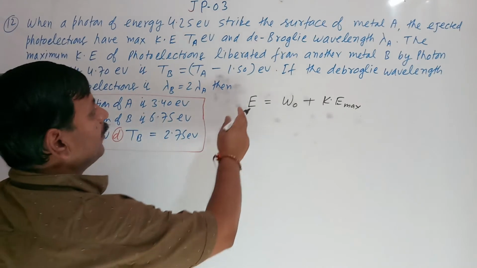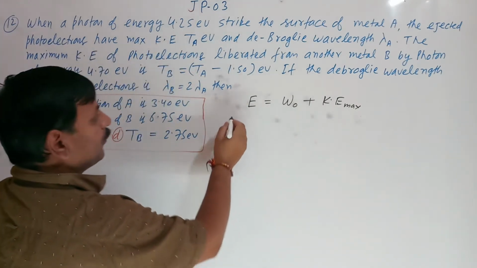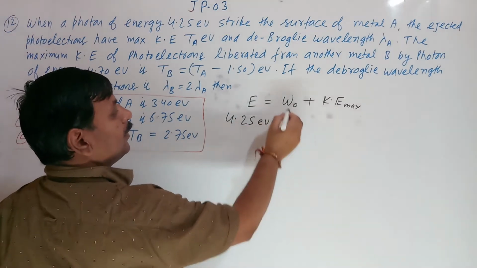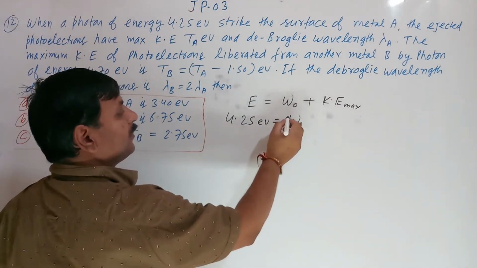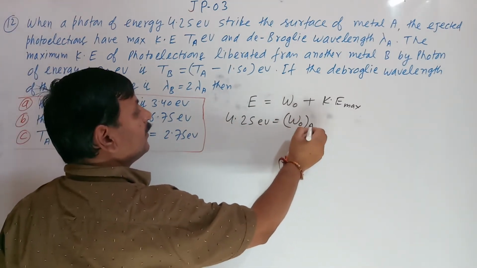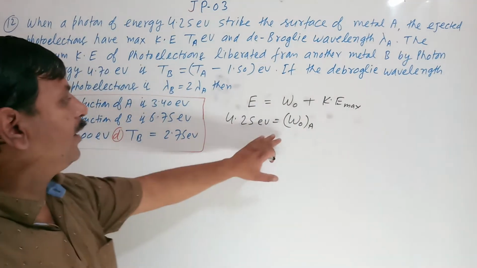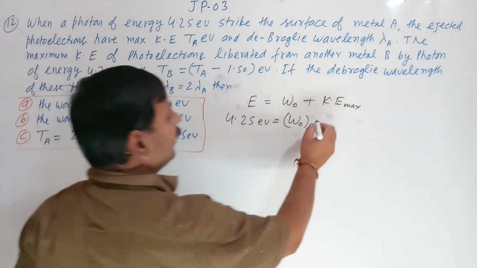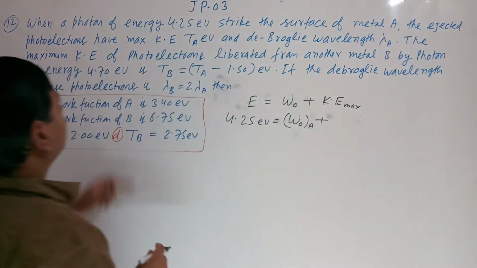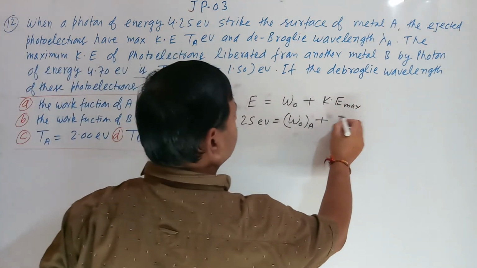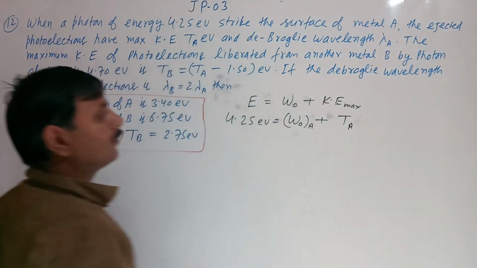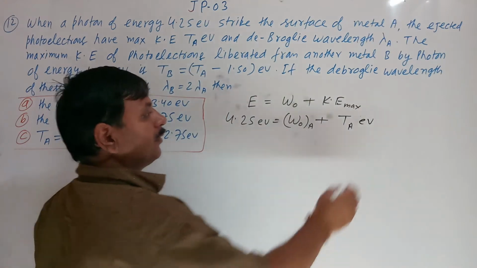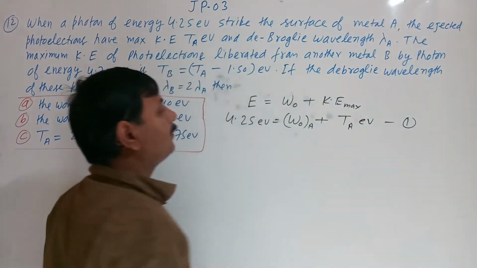So see what they have given: 4.25 eV. Work function, suppose this is for metal A, 4.25 equals work function of metal A, I have taken W naught A, plus kinetic energy maximum they have given TA eV. All we have taken in eV. This will be the first equation.